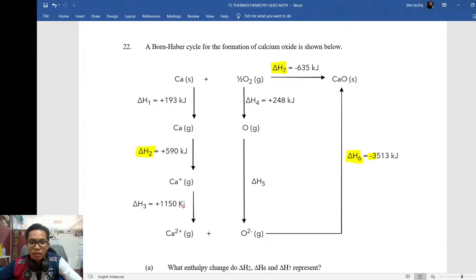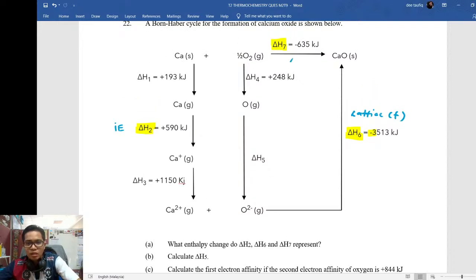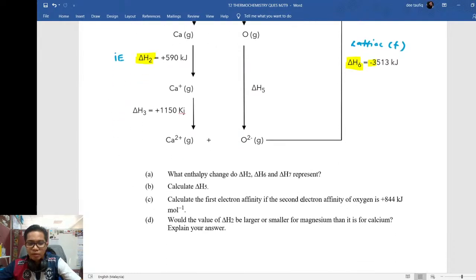So, kita fokus kat situ. 2 ni apa? 2 is IE. 6 is lattice. Lattice formation, huruf F dulu. Kemudian 7 is delta Hf.